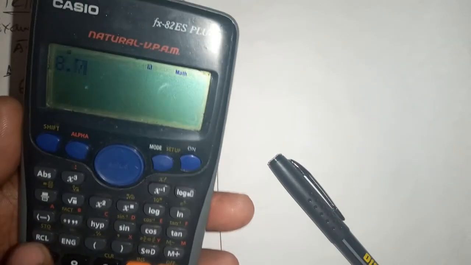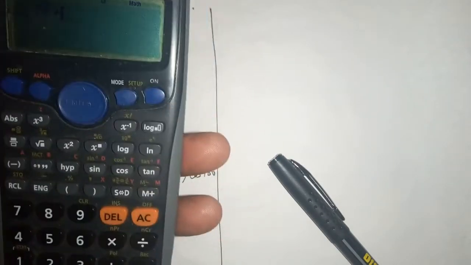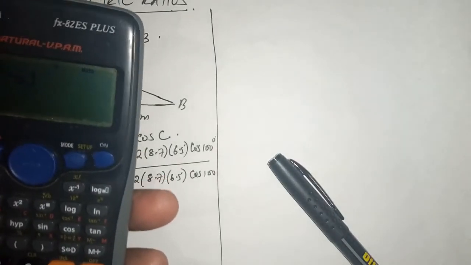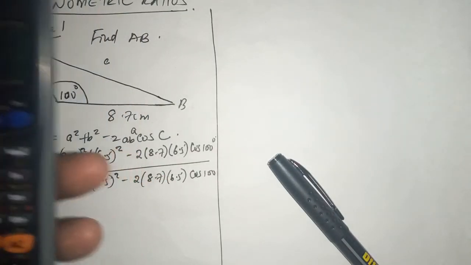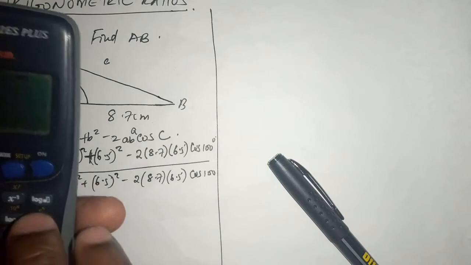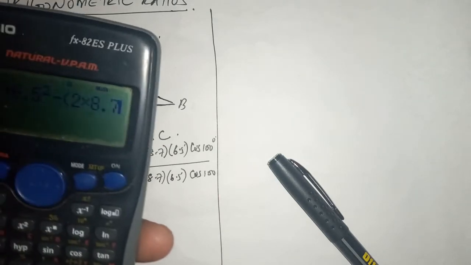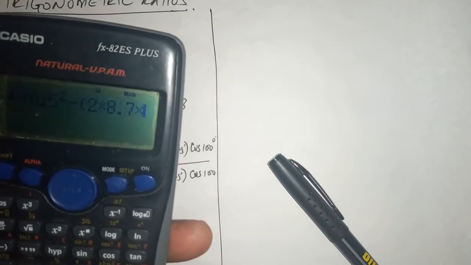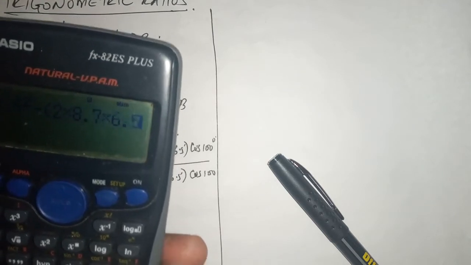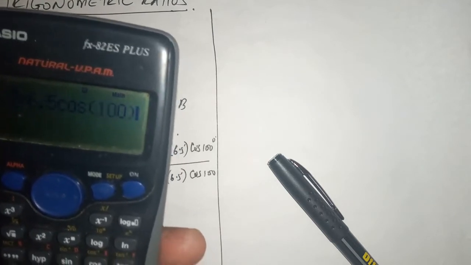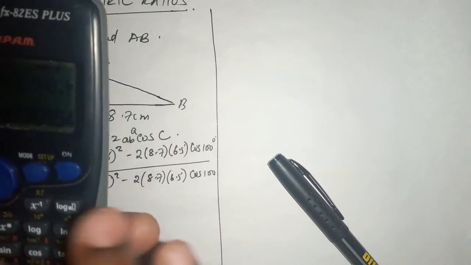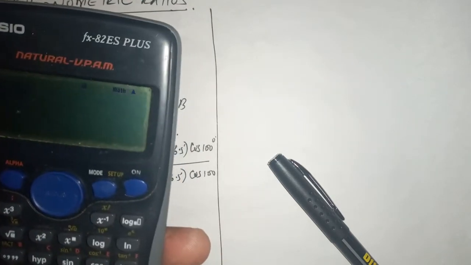We have 8.7 squared plus 6.5 squared minus, we can open the bracket there, 2 times 8.7 times 6.5 times the cosine of 100, and probably close the bracket and find the square root of the answer.